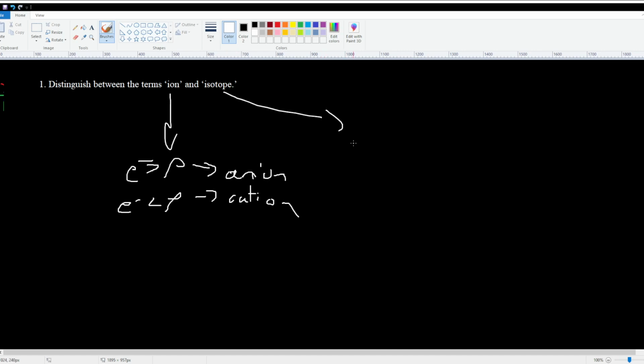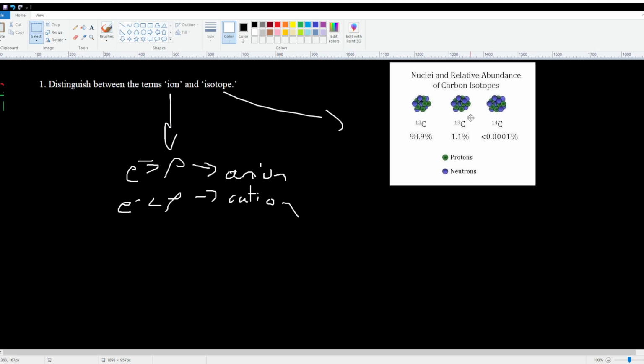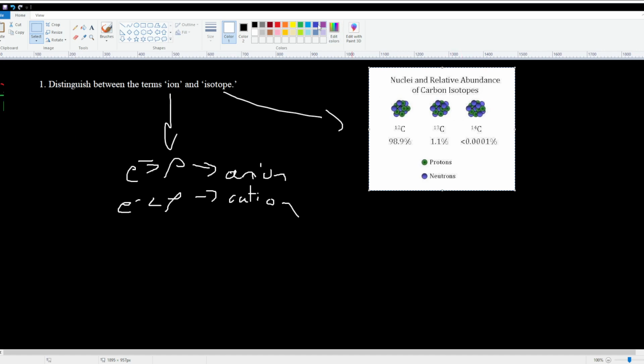Going back to isotope, I used this example earlier, but let me pull up this image. Carbon has three major isotopes. Carbon 12 is the most common type of carbon: 98.9% of all carbon is carbon 12. 1.1% is carbon 13, and less than 0.0001 is carbon 14.